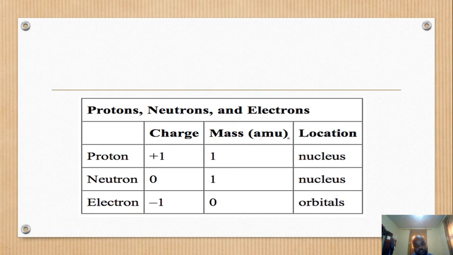AMU is atomic mass unit. They are found in the nucleus. Electrons have a charge of -1. Mass is 0. They do have mass, but it's so insignificant that we assume it to be 0. Where are they found? In the orbitals, in the shells.